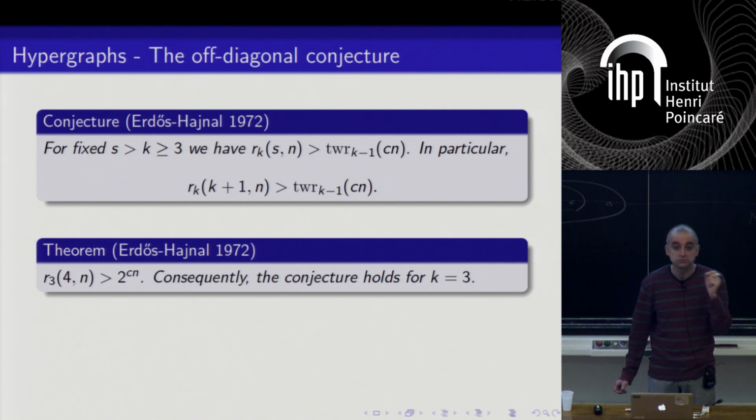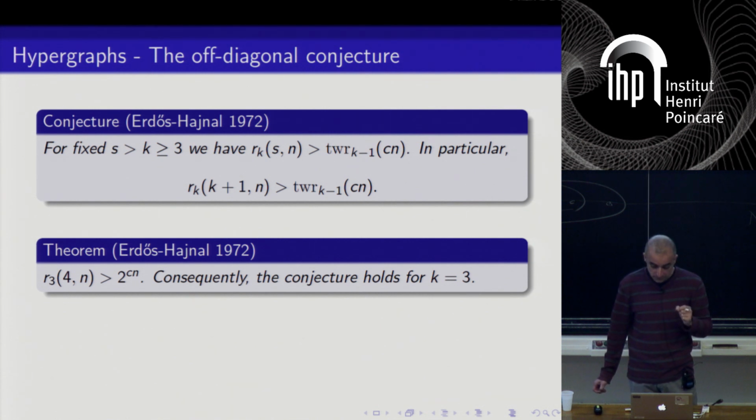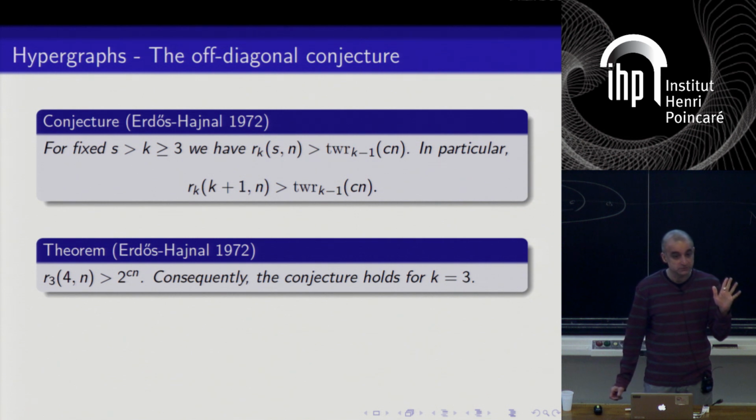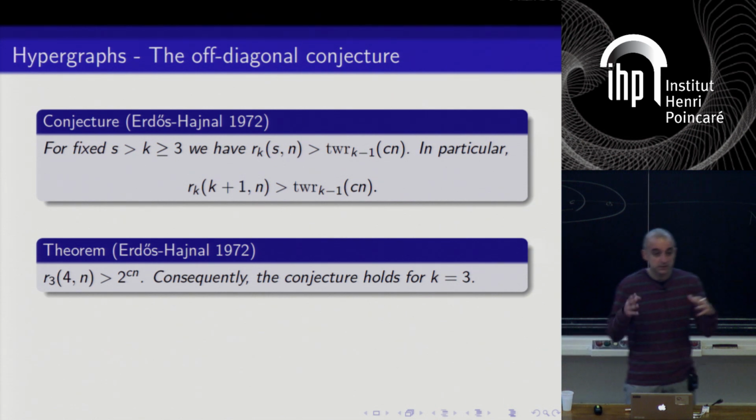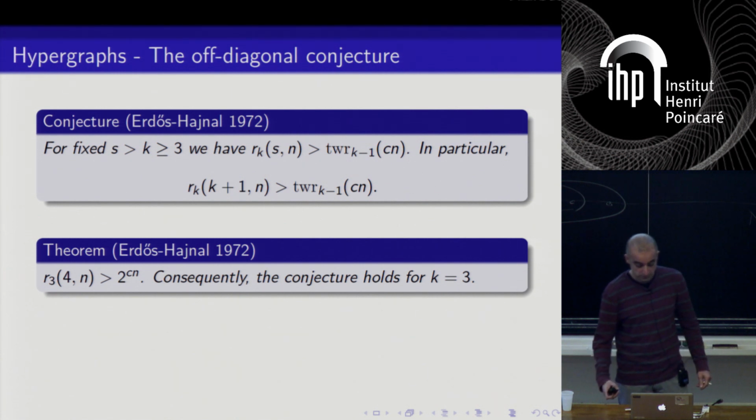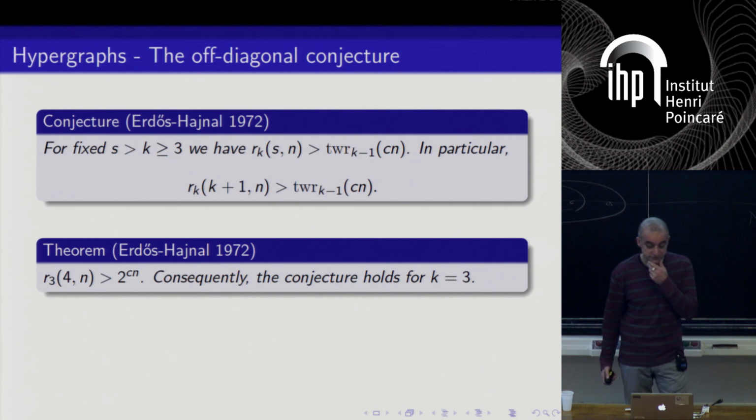Tower sub 2 of Cn. And actually, that's not completely trivial, right? Because you want to make a construction where you have no k4, and yet you have independent sets of logarithmic size. You can't just do things randomly like you might want to as your first attempt.